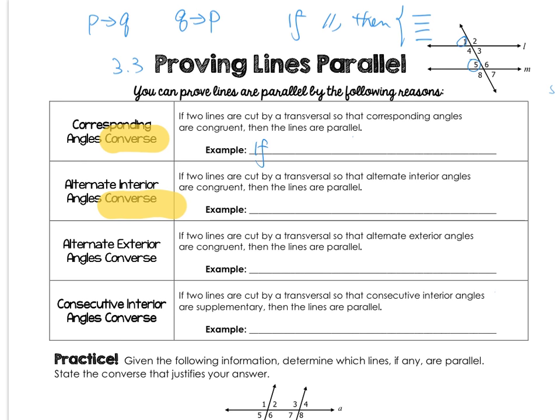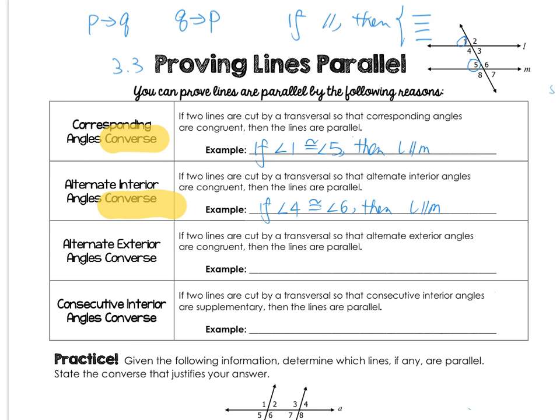The statement should say if angle 1 is congruent to angle 5, then line L is parallel to line M. And for the second one, alternate interior angles, we can do 4 and 6 or 3 and 5. So we can say if angle 4 is congruent to angle 6, then these two lines are parallel. L is parallel to M.